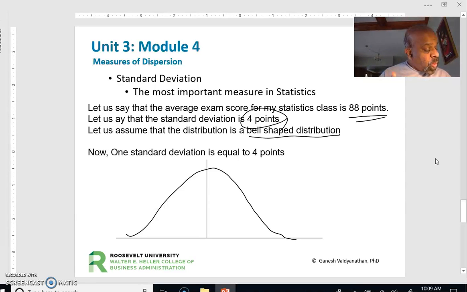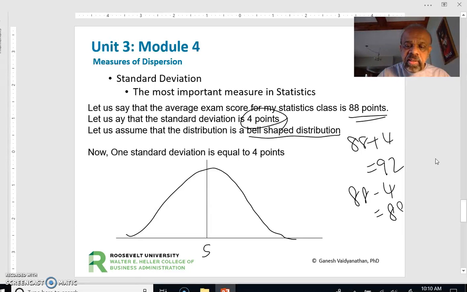One standard deviation above the mean would be 92 because it is 88 plus 4. And one standard deviation below the mean is 88 minus 4, which is 84.